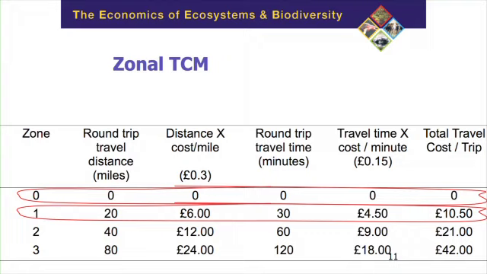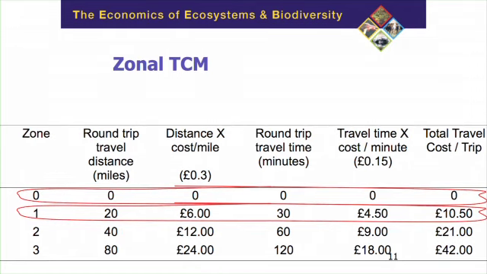So here's a table demonstrating how we might do it. Zone 0, no time, no distance, so it's not going to cost them anything. Zone 1, we're assuming the average distance is 20 miles. If it costs 30 pence per mile, that's going to be £6 in travel cost. And if they're traveling for 30 minutes at 15 pence per minute, that's going to be £4.50.